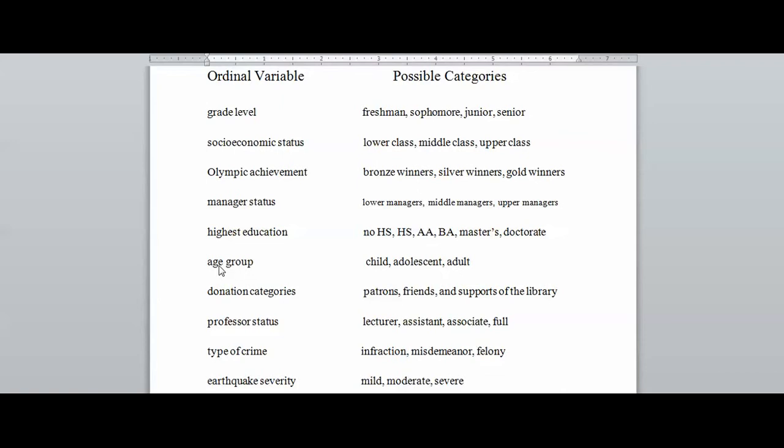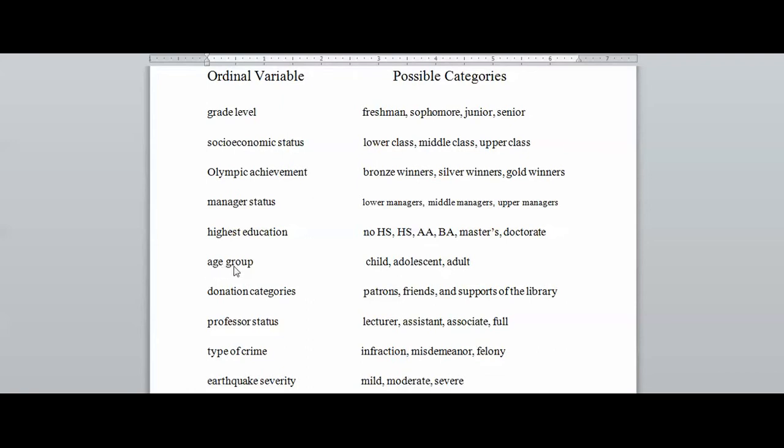You can take a quantitative variable and actually change it into an ordinal variable. So the variable of age in years is a quantitative variable because you have numbers like 16, 17, or 18 years old.